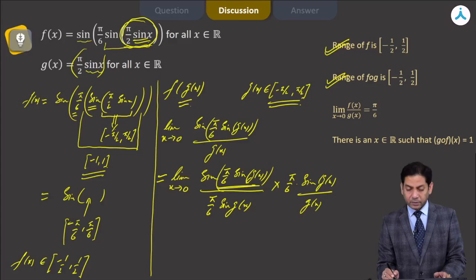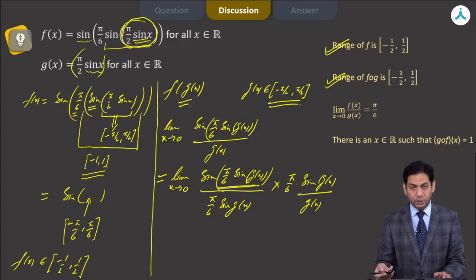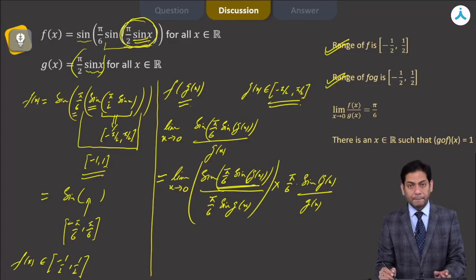This part is going to 0 when x is approaching 0. As g of x is approaching 0, sine of 0 approaches 0. So this limit is equal to 1.